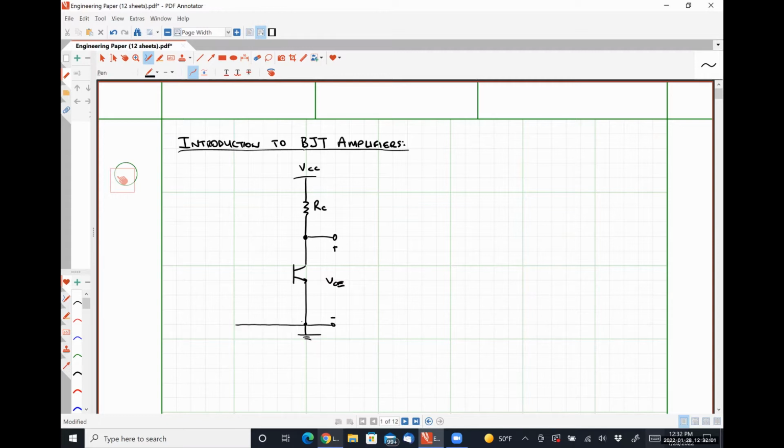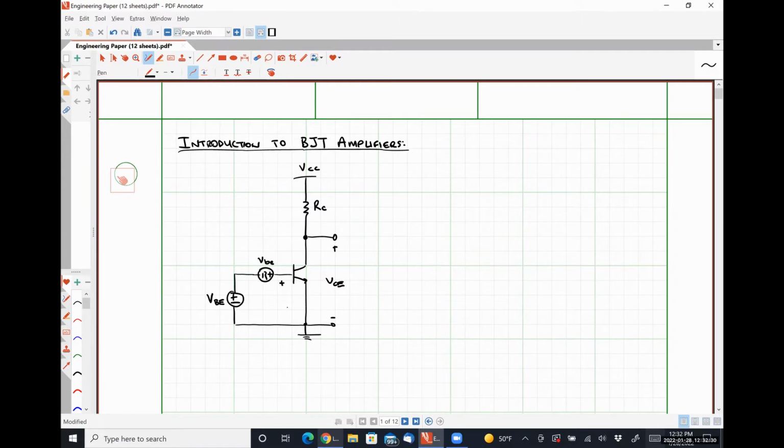And over here on the left-hand side, let's put a DC bias voltage, capital VBE. And let's perturb this system. Let's mess with it a little bit and see what happens, okay? So I'm going to call this perturbation voltage lowercase vbe.